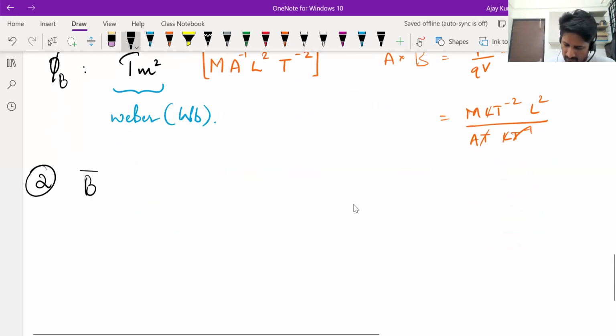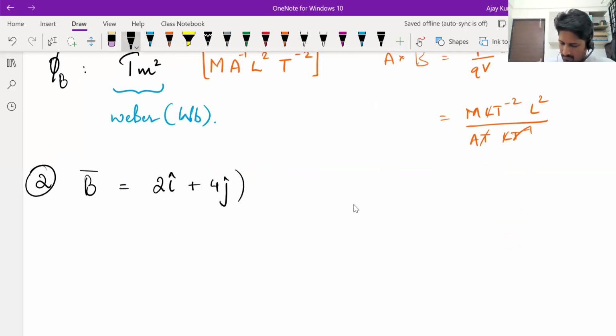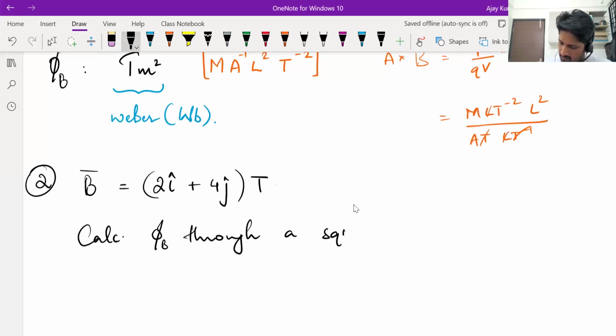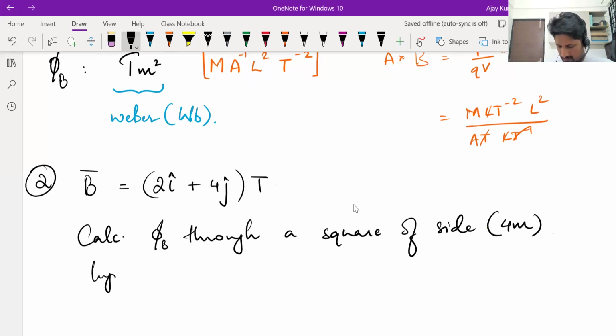Let's say there is a magnetic field this way. Calculate the magnetic flux through a square of side, let's say 4 meters, lying in the YZ plane.